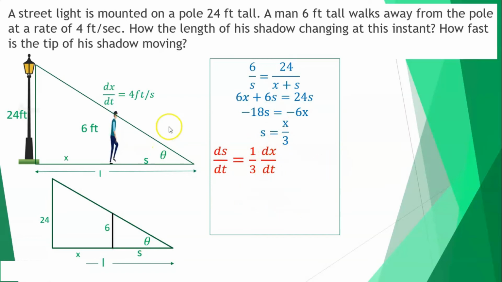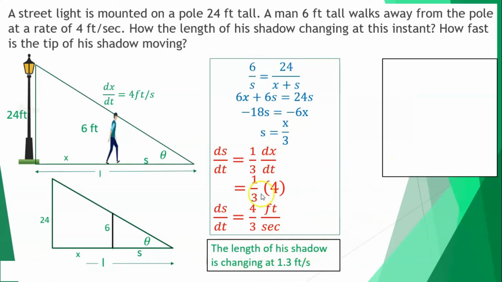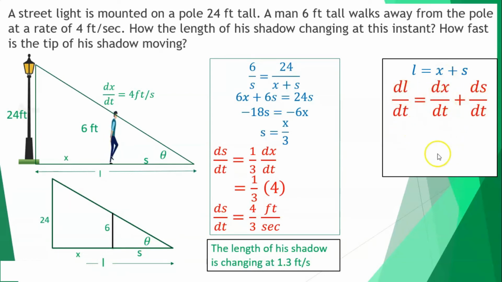So let's substitute. Take note, our dx/dt here is 4. So eventually, this would become 4/3 feet per second. So the length of his shadow is changing at 1.3 feet per second. Okay, another. Now take note here, L is actually x plus s. So getting the derivative of this, dL/dt equals dx/dt plus ds/dt.